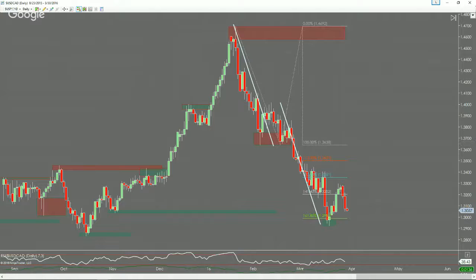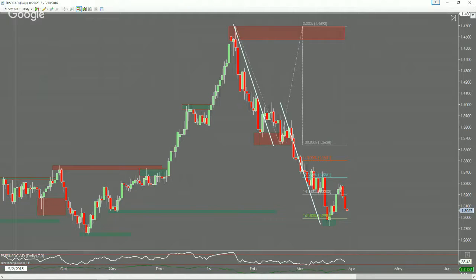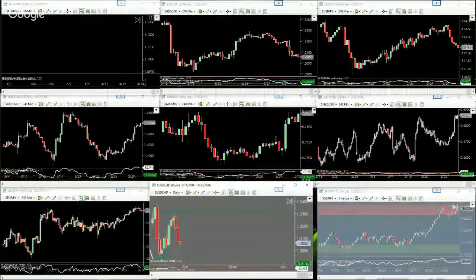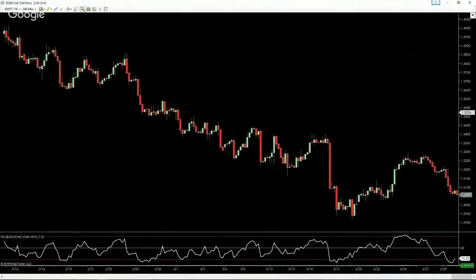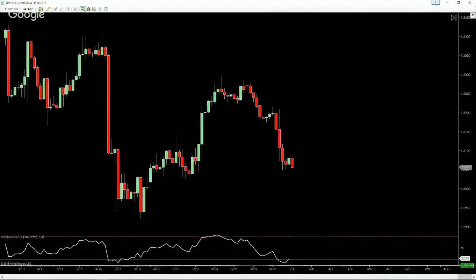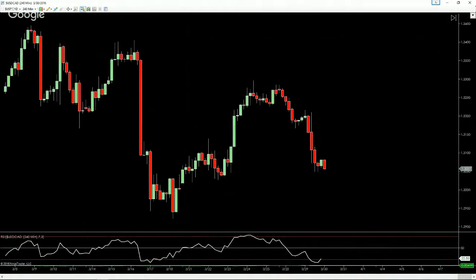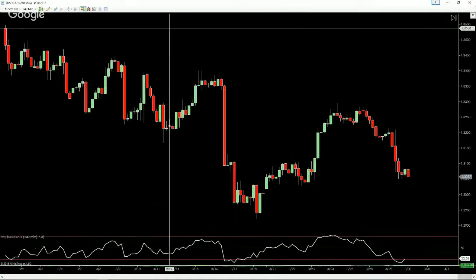But I don't trade the daily, so that would be something that I would look at in the lower time frames and see if I have any opportunities there. Now let's go on our 4-hour. All right, now this is interesting.